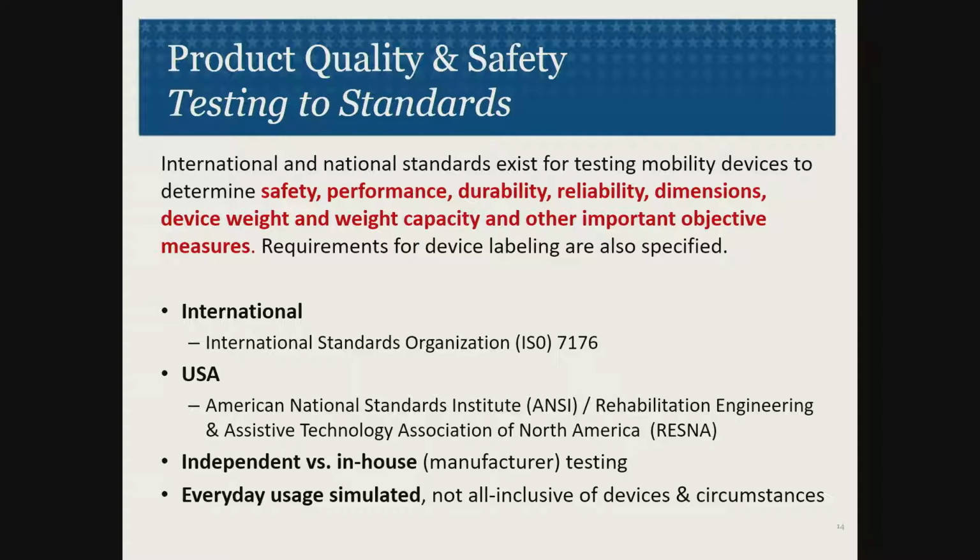We're not going to go into all of the details, but basically the standards outline the protocols for testing wheeled mobility devices and how we report those results, so that we have a uniform way to look at the parameters for which a device has been tested, and we gain a better understanding about safety, performance, durability, and expectations for the long term.